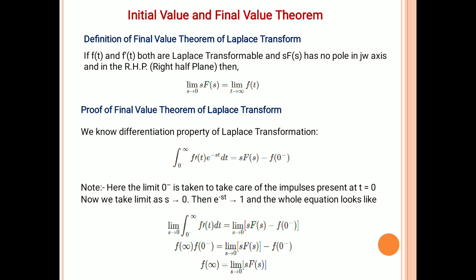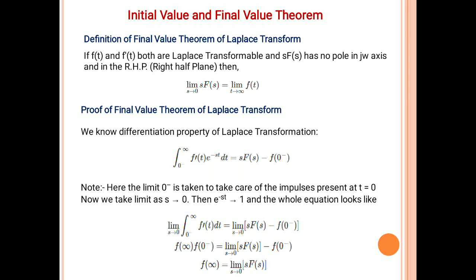So we take the limit s tends to 0. If s tends to 0, then e^(-st) tends to 1. So limit as s tends to 0 of the integral from 0 to infinity of f'(t) dt equals limit as s tends to 0 of sF(s) - f(0-).